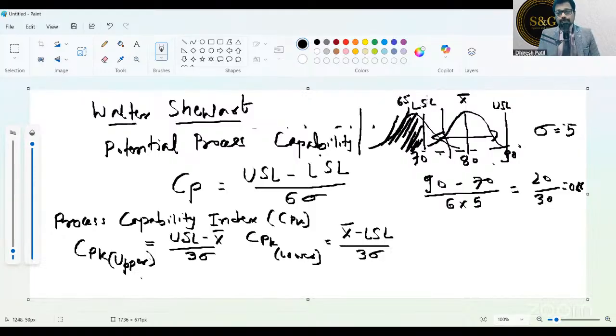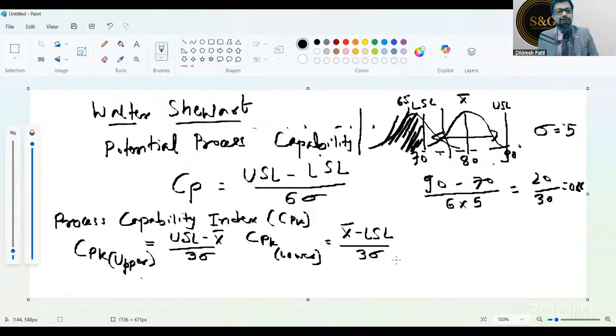In that case, our X bar was 65. So USL is 90 minus 65 divided by 3 times standard deviation. The standard deviation is 5, let's keep it 5. Can you calculate Cpk upper? What is that? 1.66. Very good.